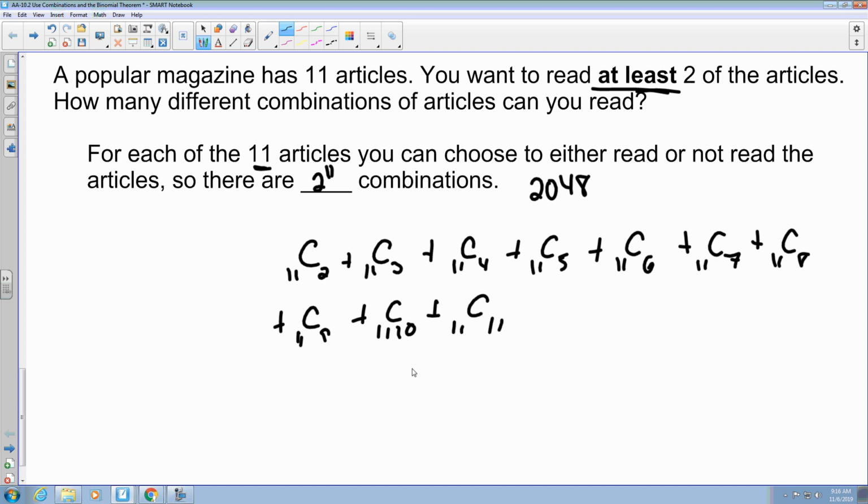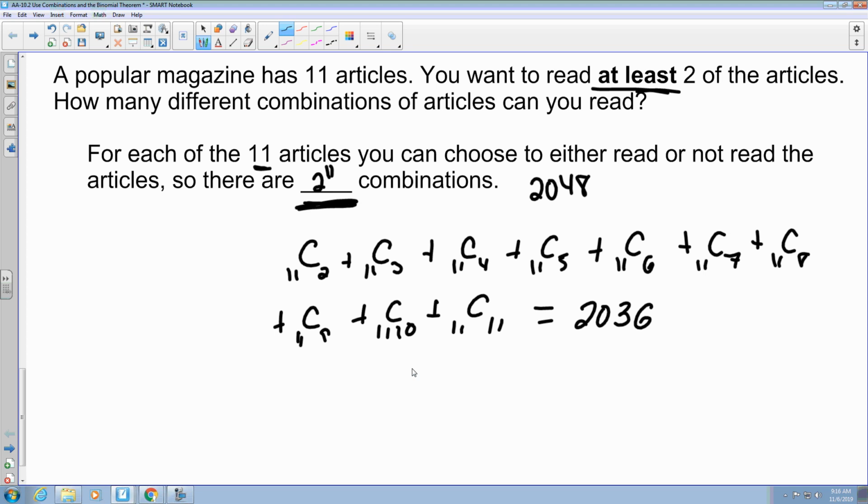That seems like a lot of work, and when you do all the math, the result is 2036.